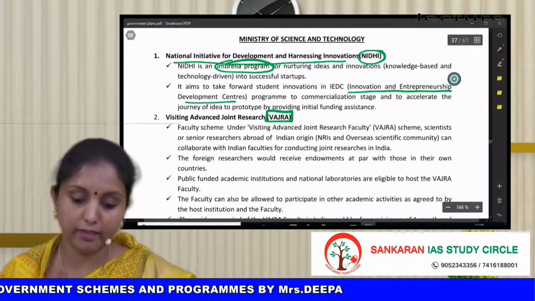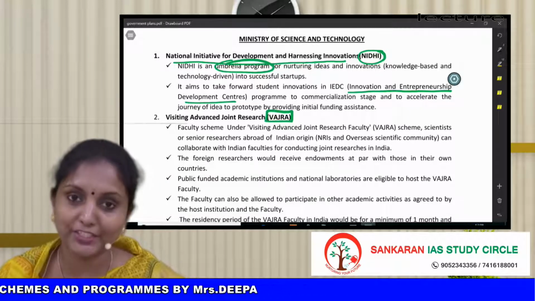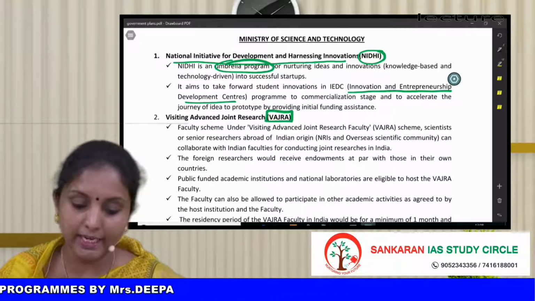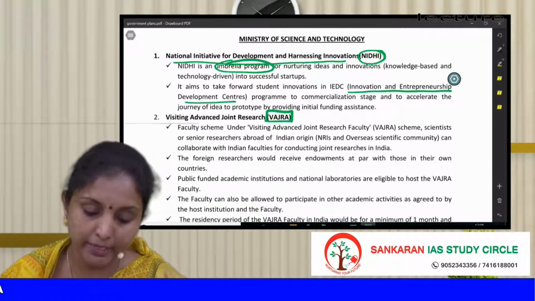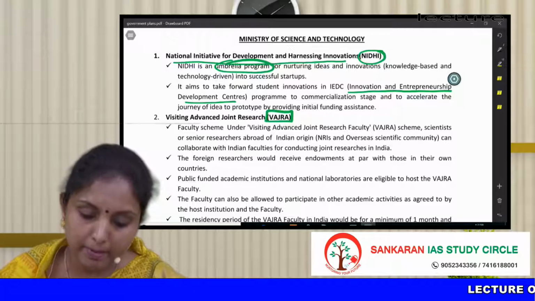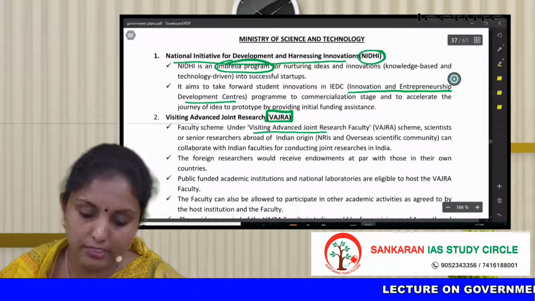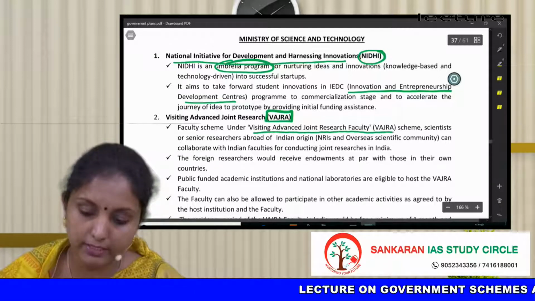Vajra, in Kannada we call it diamond, but here it is different. Visiting Advanced Joint Research is called Vajra in the short form. This scheme is about the visiting advanced joint research faculty scheme.